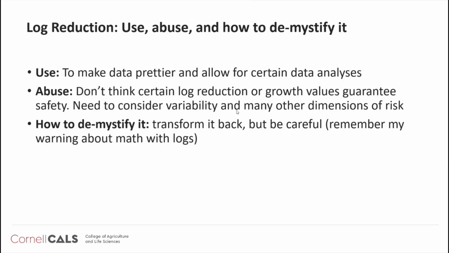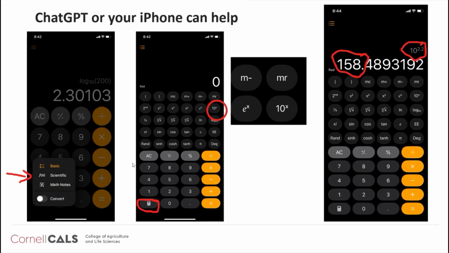We can demystify some of log by transforming it back to the real numbers and asking, okay, what's a 2 log reduction really? What's an inoculation with 3 log? If I have 2 processes, one gives me a 1 log reduction, the other a 2 log reduction, how much risk reduction do I really have? This demystification can be pretty easy.